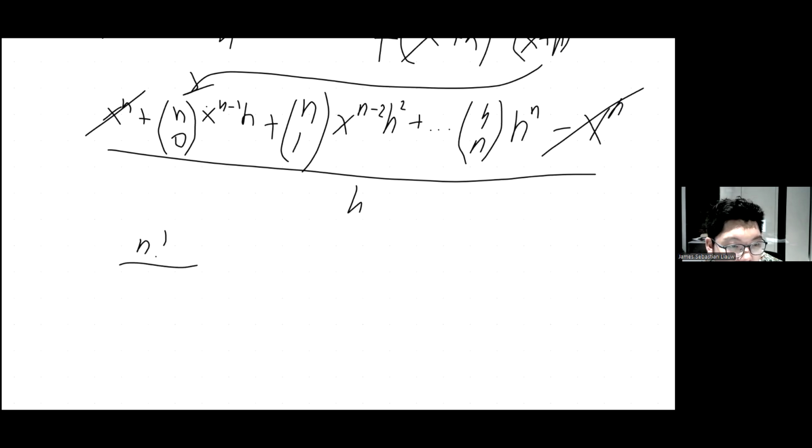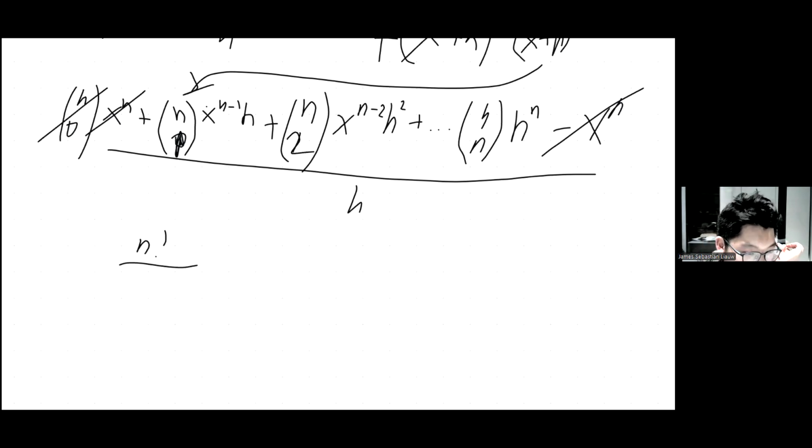Sorry, this is nC1, this is nC1, this is nC0. nC0 is n factorial over n minus 0 factorial, which is n factorial, so that cancels out. This is 1, this is 2, all the way until n.